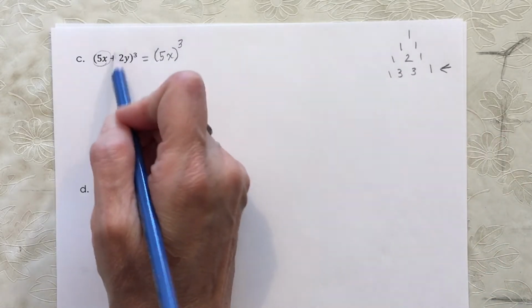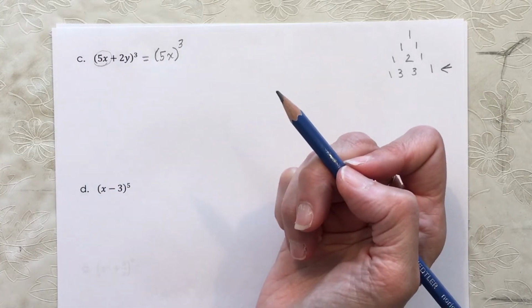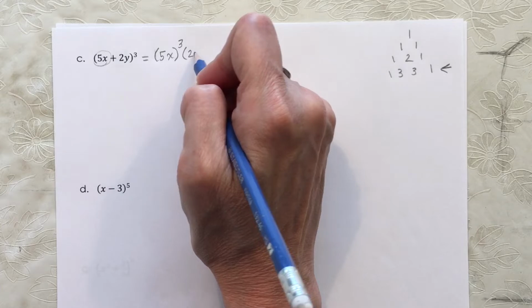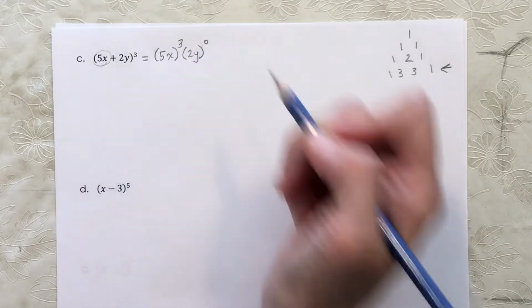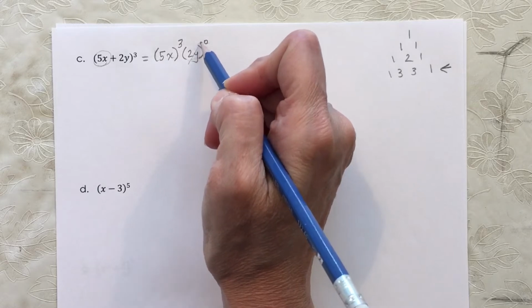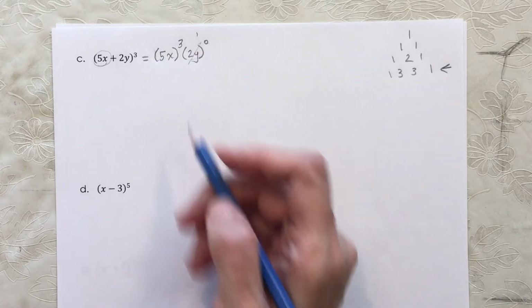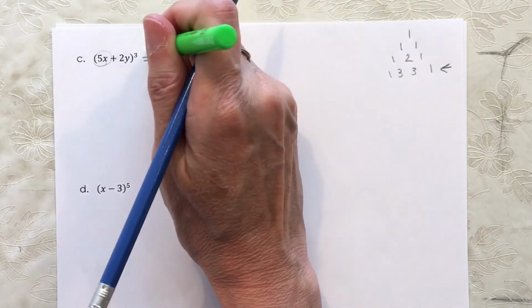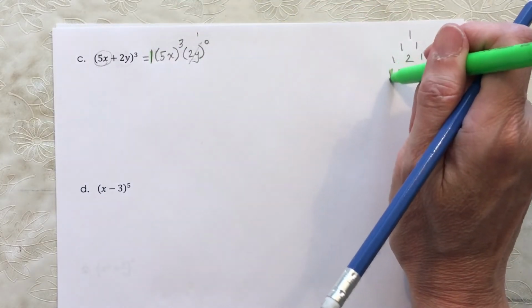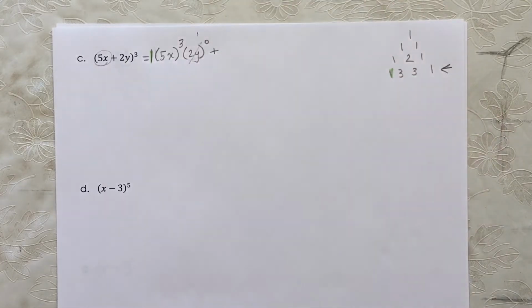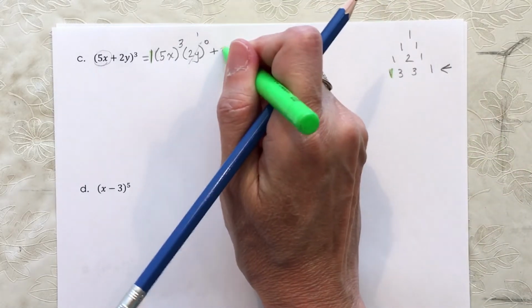And then I'd have (2y) to the power of 0, which is 1. I might write that in this time just so we realize that anything to the power of 0 is 1. So that's the first term, and there's my 1 out front, and I'll write those in as well so we can see that they follow Pascal's triangle. Plus, so then I've got my 3 from Pascal's triangle.